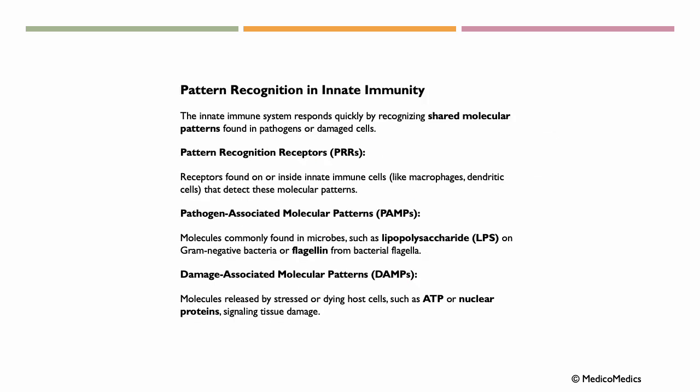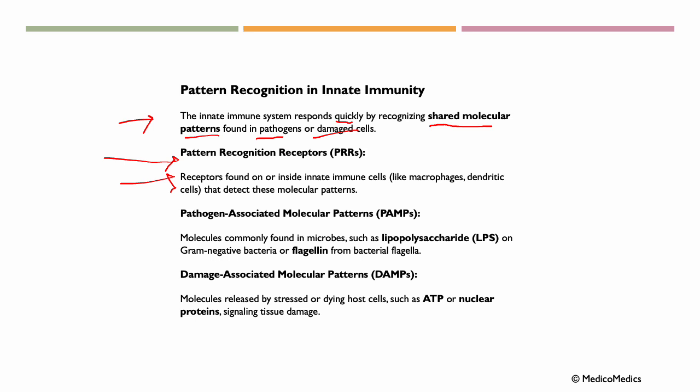So then, pattern recognition in innate immunity. So the innate immune system responds quickly by recognizing shared molecular patterns found in pathogens or damaged cells. So we have pattern recognition receptors, or PRRs.